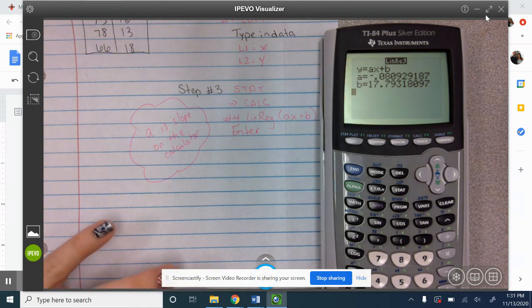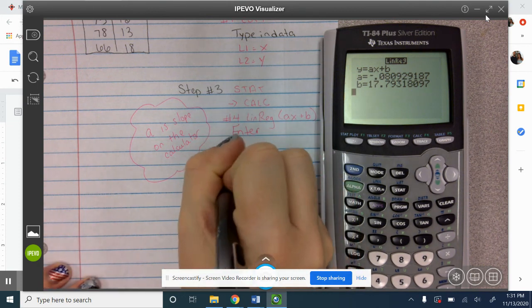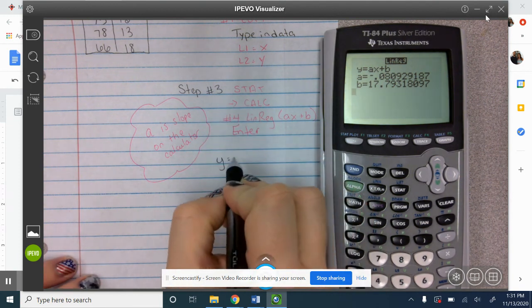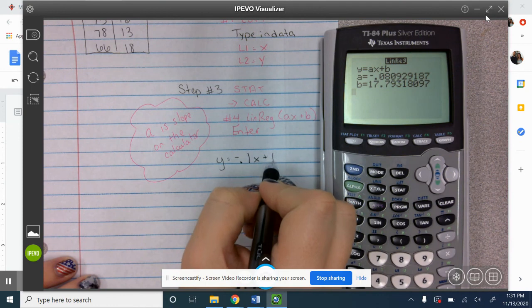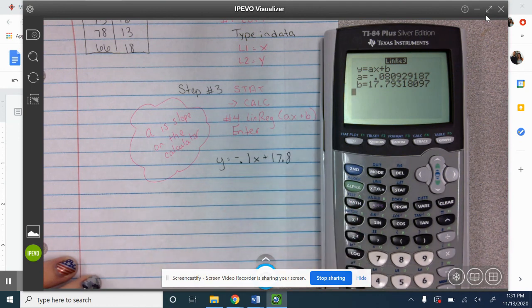So when you do this, to write it, you would have y equals negative 0.1x plus 17.8.